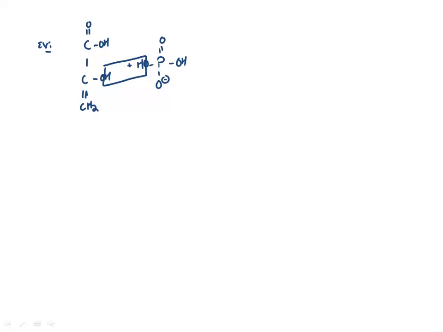We can show it reacting with the middle, and then we get C double bond O, dash, OH, dash, C. I guess if I'm being really good, I'll put the CH2. There's a double bond, CH2, dash O dash P dash OH double bond O, O minus.